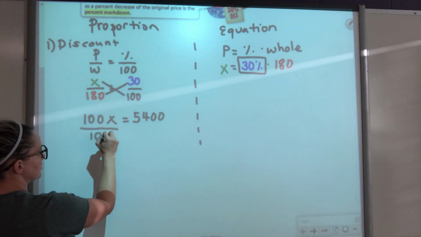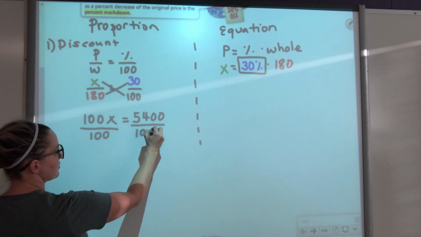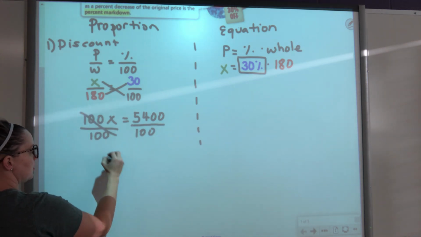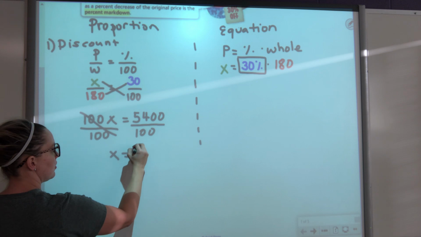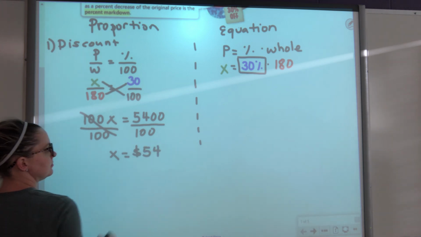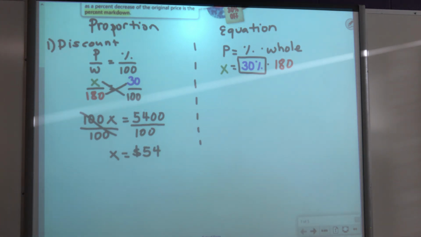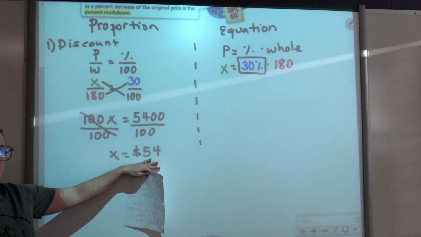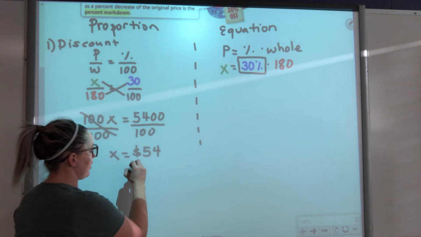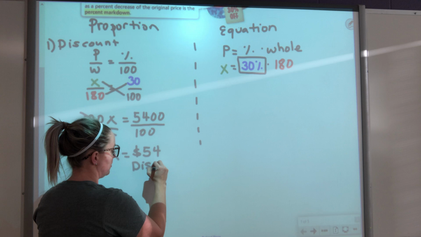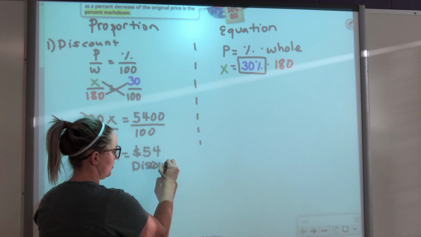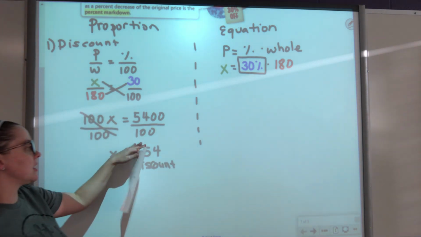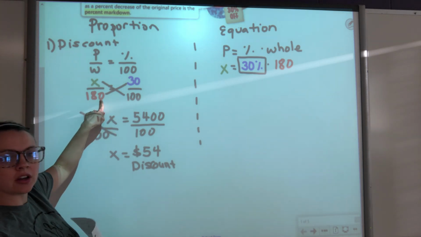Follow our process for simplifying one-step equations. So $54 is going to be your discount. That's the amount of money we're going to take off the original price of $180.